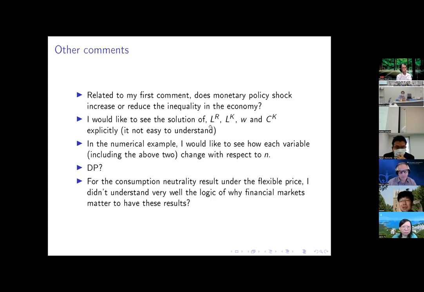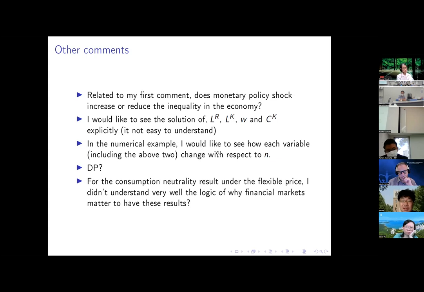In the paper, the authors present only the main variables, but I'm curious to see how labor supply, wages, and consumption of Keynesian households move with technology and monetary shocks.